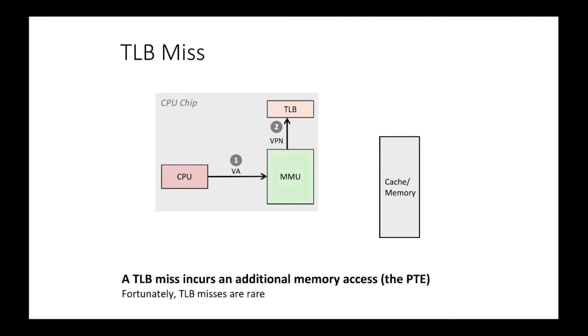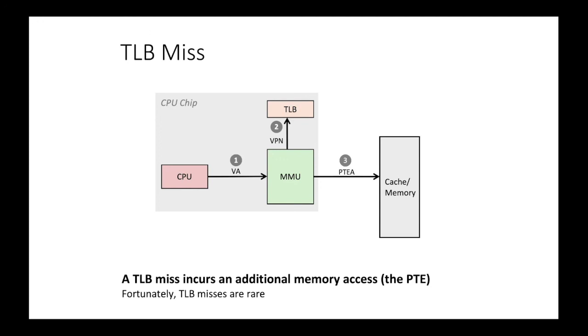In case of a TLB miss, the TLB miss incurs an additional memory access, of course, for address translation. So the CPU issues the virtual address and the MMU accesses the TLB, but the TLB doesn't have the page table entry.